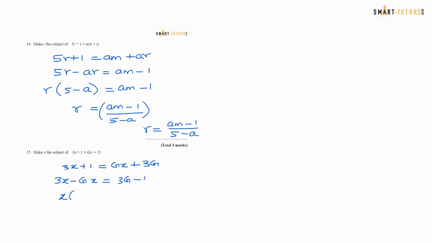So take the x out, so x bracket 3 minus g equal 3g minus 1. So x as the subject, 3g minus 1 over 3 minus g. That is the answer for question number 15.